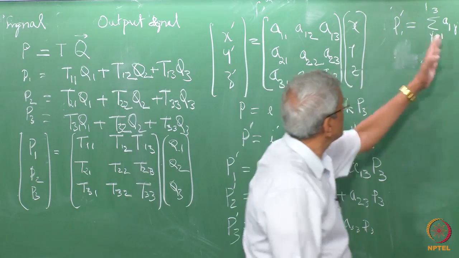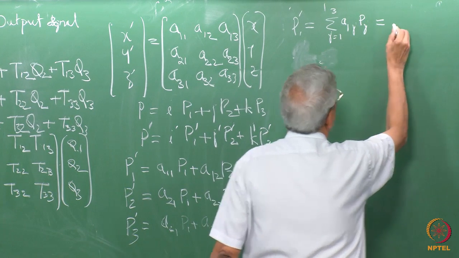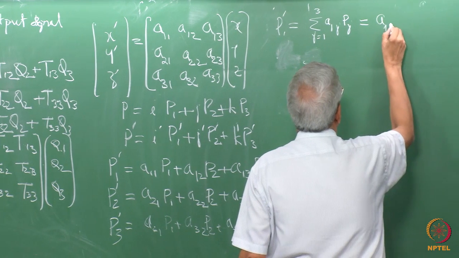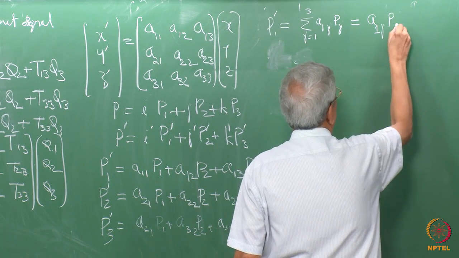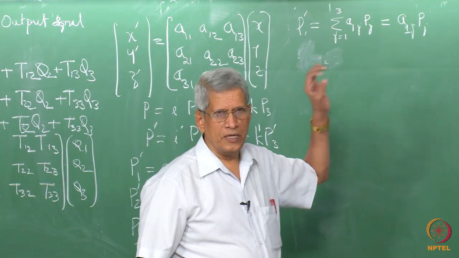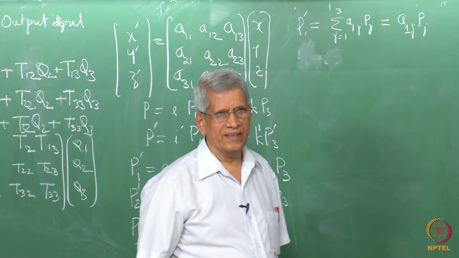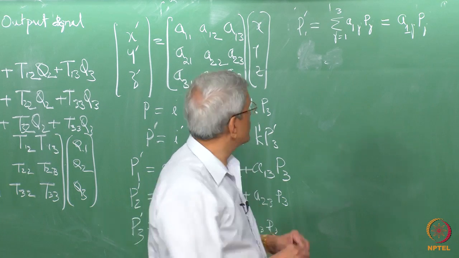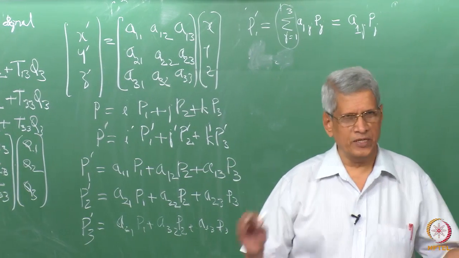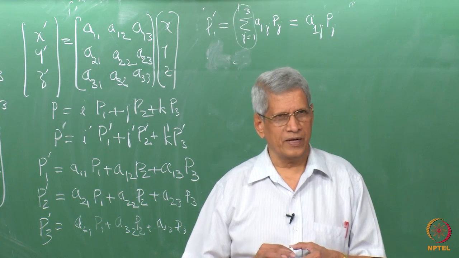Inherently, we can write this as A1j Pj. When that suffix repeats in a term, it implies that there is a summation over that. So we don't have to explicitly write the summation symbol.